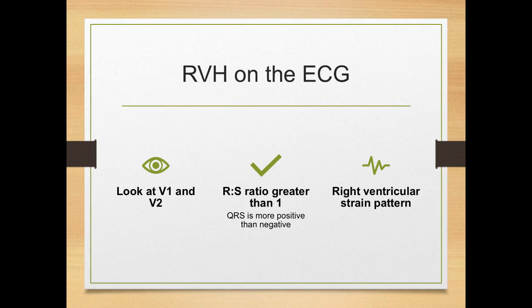On top of that, we might see what we're going to call a right ventricular strain pattern. We'll get to that in a minute. But primary criterion: look at V1, look at V2. Of those two leads, in at least one of them, is the QRS complex more positive than it is negative?